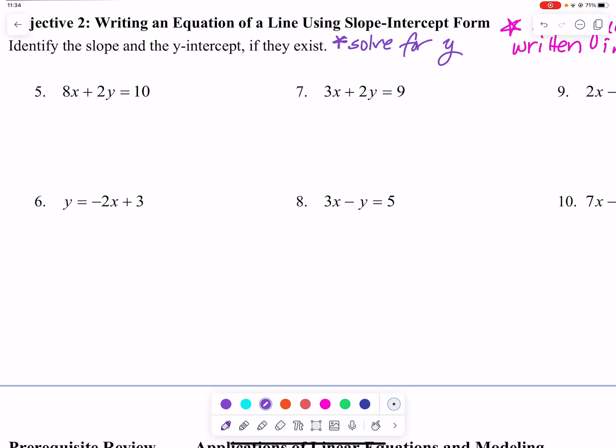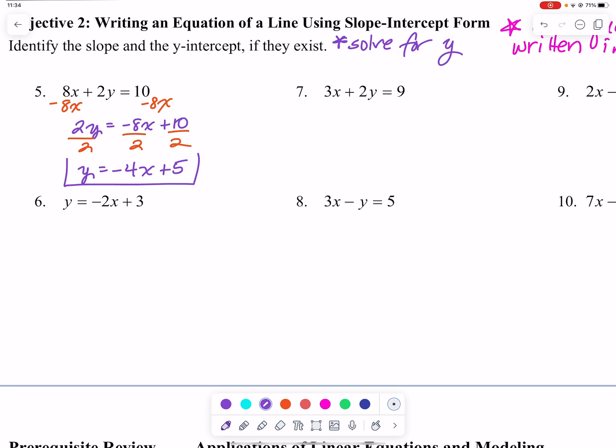Okay? So we can subtract 8x from both sides, and we have 2y equals negative 8x plus 10. We'll divide every term by 2, and we have y equals negative 4x plus 5.